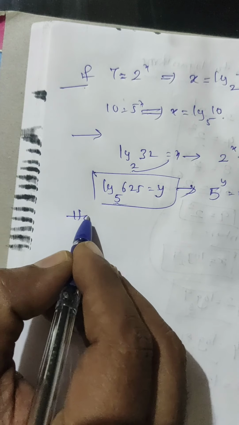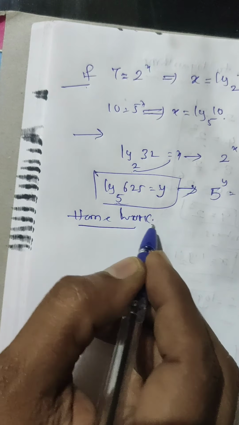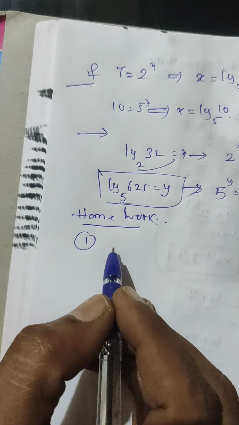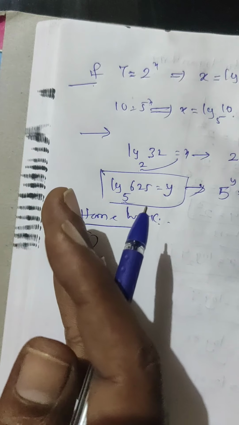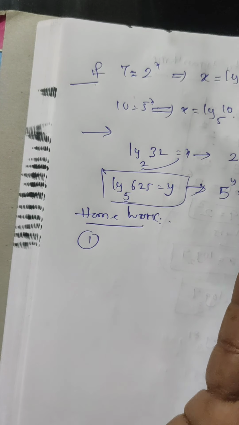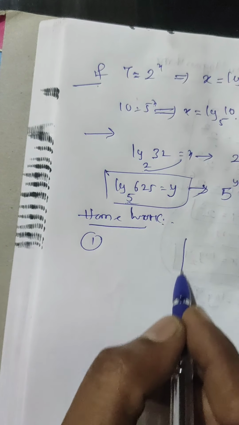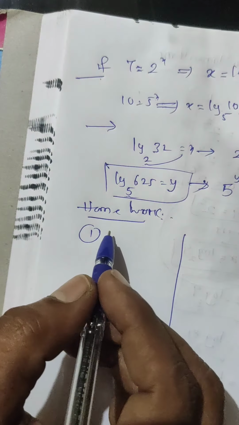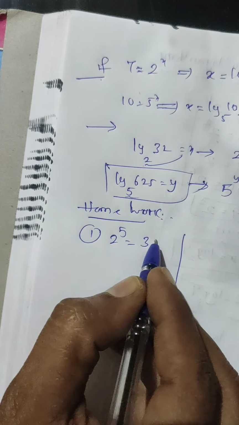Now homework for you is to create 5 examples of your own on conversion. If exponential form is given, convert it into log form, and if log form is given, convert it into exponential form. For a model, I will give you one example. Here 2 power 5 is 32.